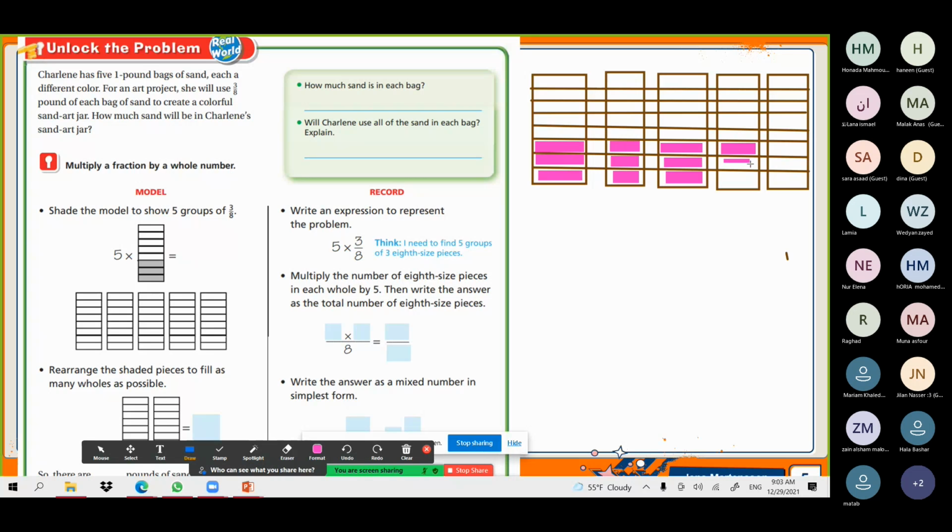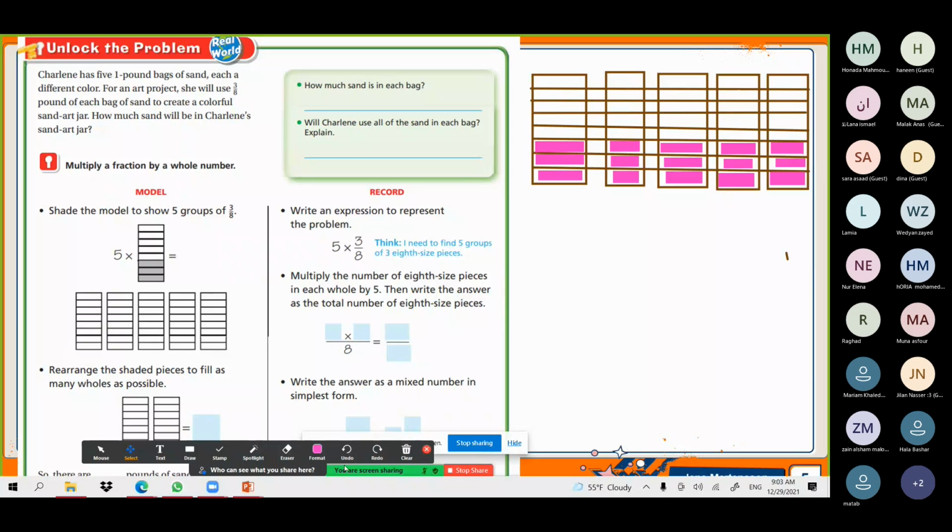So she wants to use 3/8 from each bag. Okay, now is it clear? So she has 5 bags, and she wants to color 3/8 from each one.